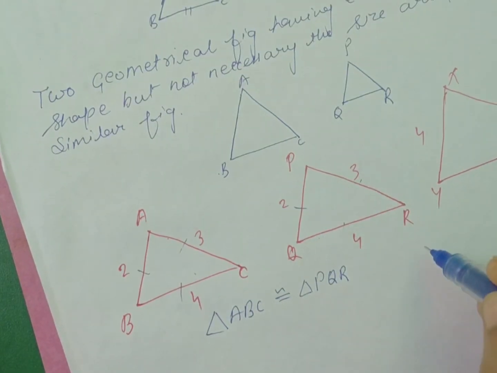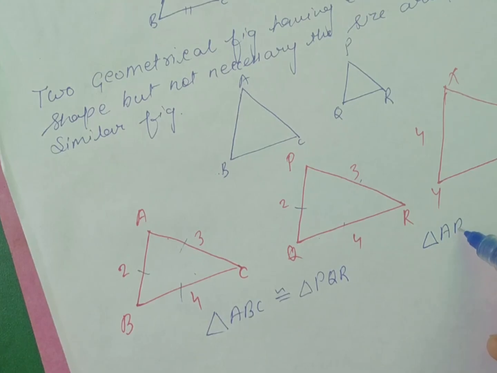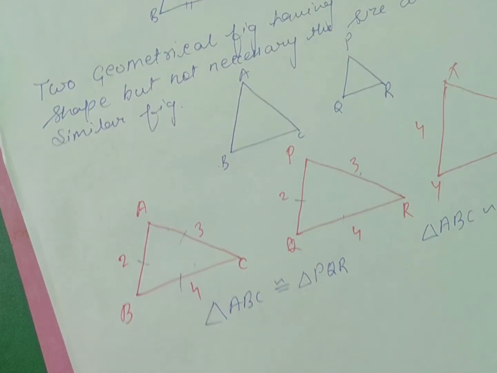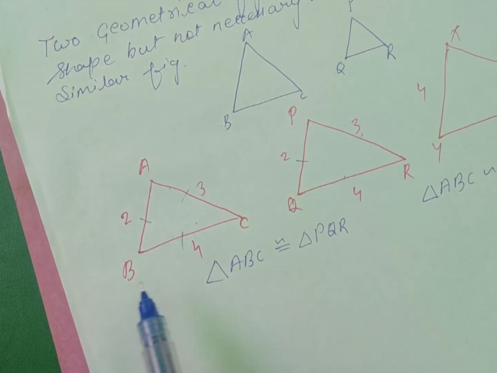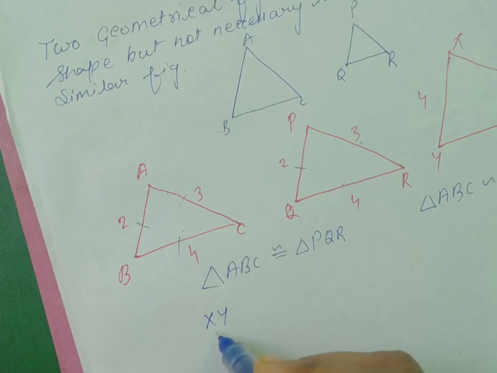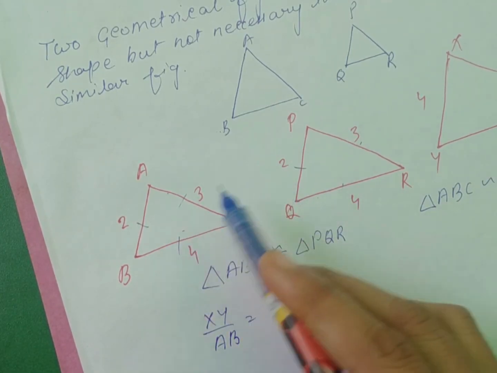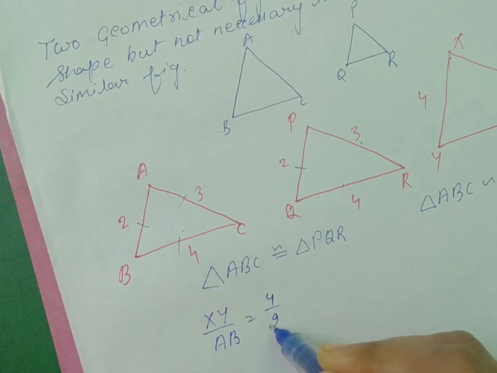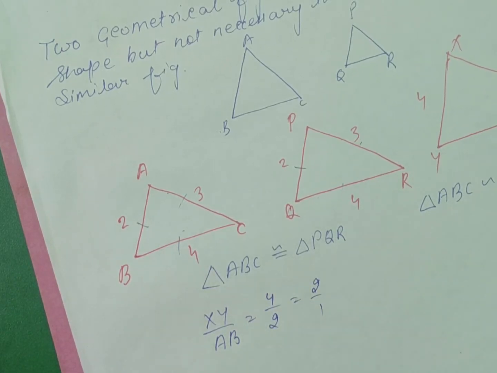So we can write it as triangle ABC is similar to triangle XYZ. So on analyzing triangles ABC and XYZ, we can easily see that their sides are proportional. Okay, right. XY by AB will give 4 by 2, means 2 by 1 ratio, right?